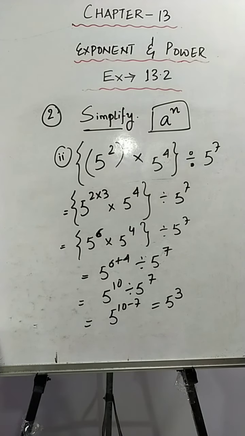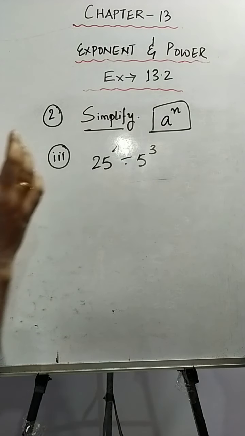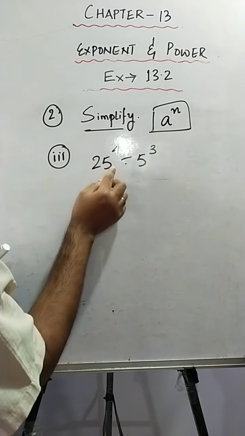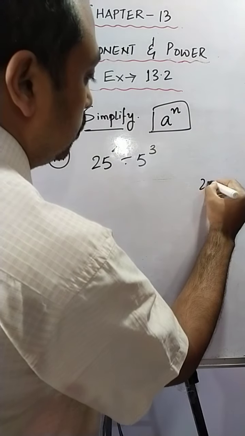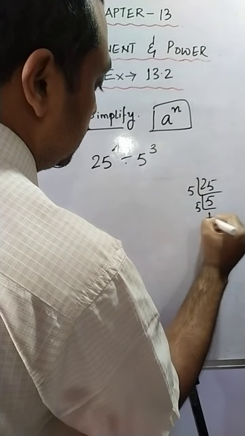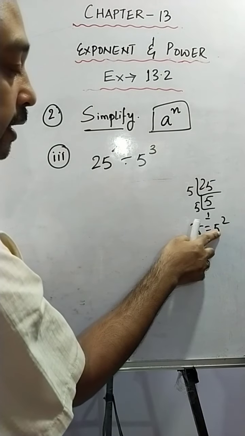Now let's move on to sum number 3. Sum number 3 is also very interesting. You see 5 to the power 3 and 25 to the power 4. Now this 25 can be written in the exponential form. What is the exponential form of 25? 5 5s are 25, so 25 can be written as 5 square. So in place of 25 we will write 5 square.